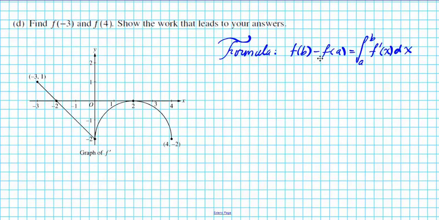Limits of integration, f of b minus f of a. FTC part 1. Okay? All right. And then we also need to remember a rule concerning what the integral represents. So the integral from a to b of a function, graphically, what on earth does that mean?